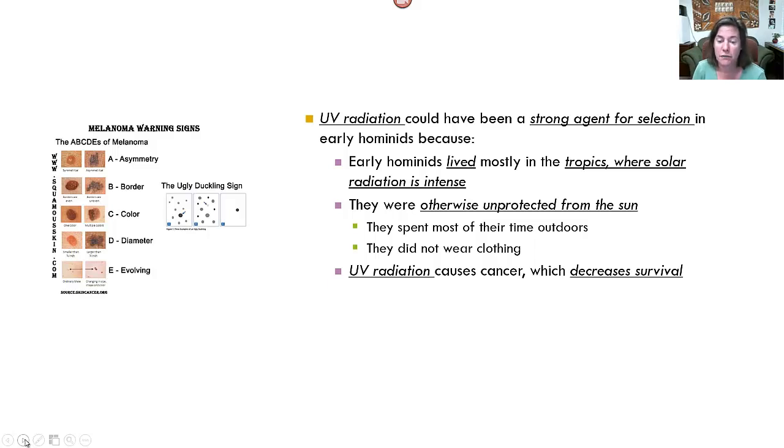And ultraviolet radiation causes cancer, which decreases survival. So given these conditions, ultraviolet radiation could have been a strong agent for selection in these hominids because of the need for optimum levels of melanin production in our early human ancestors.